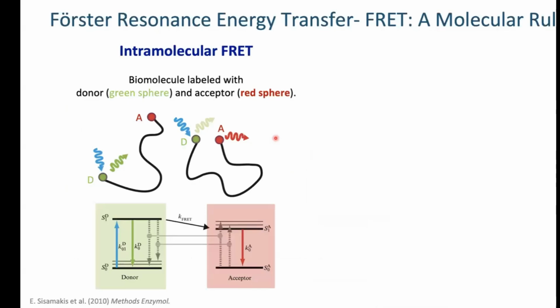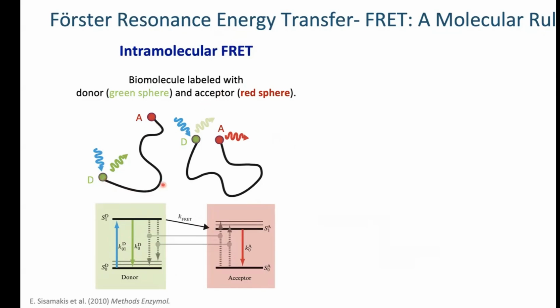So to start and just briefly review, FRET is a non-radiative energy transfer between two fluorophores, a donor and a receptor, that happens due to a dipole-dipole coupling mechanism. So the idea, particularly with intramolecular FRET, is that you can determine intramolecular distance in your biomolecules.